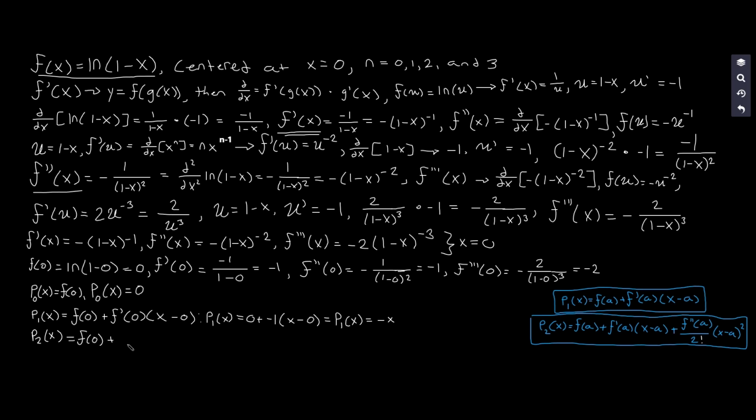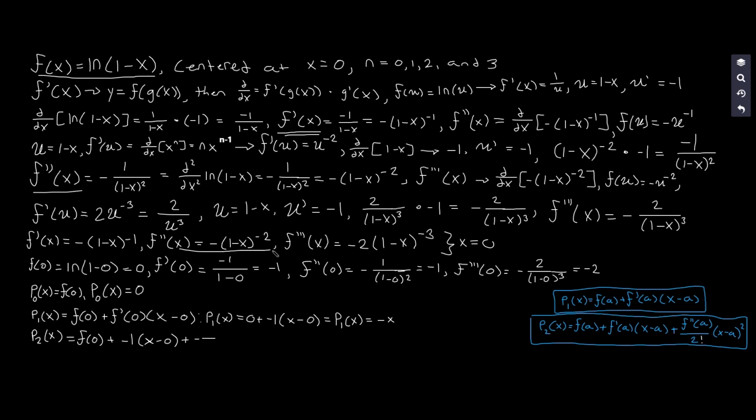I just want to be sure. Negative 1 times x minus a, which in our case is x minus 0, plus, because f double prime of a is right here.